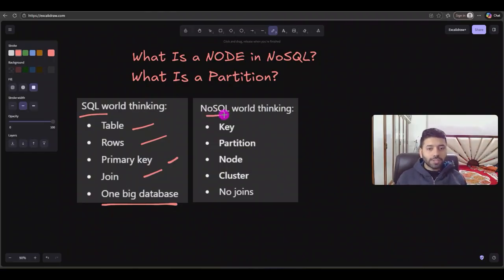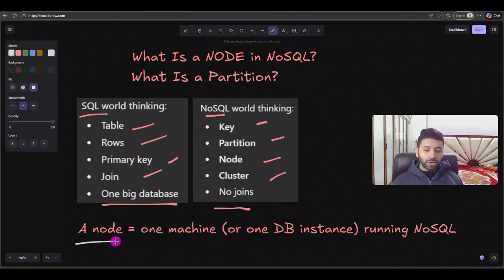But when we talk about NoSQL databases, we think about keys, partition, node, cluster, and no joins. Because NoSQL doesn't believe in joins, we want to keep all the related data together, so there is no requirement of joins here. A node in NoSQL represents one machine or one database instance which is running NoSQL.